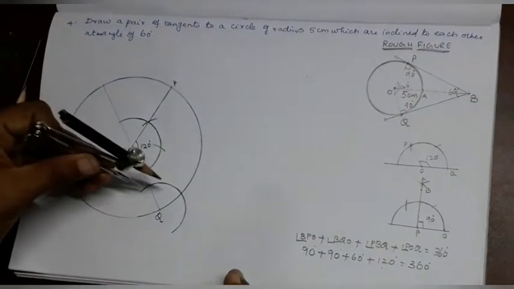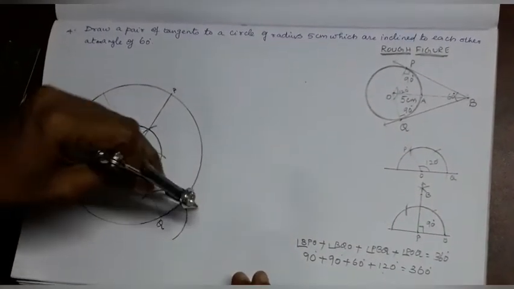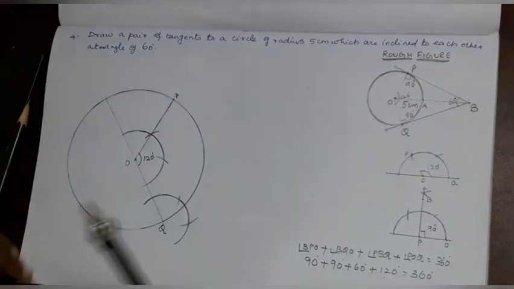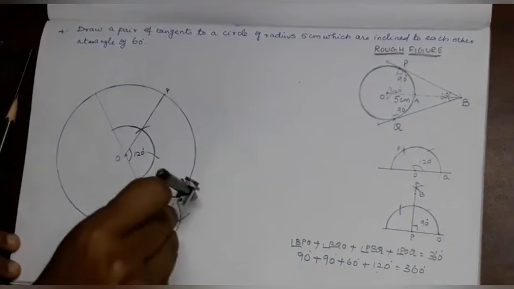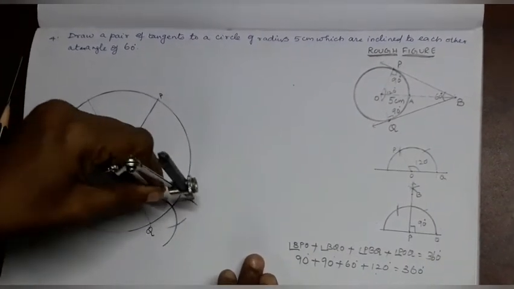Keeping the same radius, we have to cut another arc. As you know how to draw the perpendicular, how to draw an angle of 90 degrees, similarly we have to do.